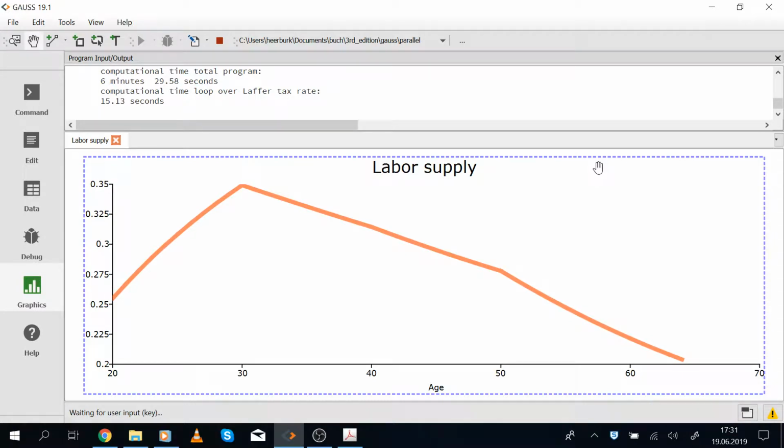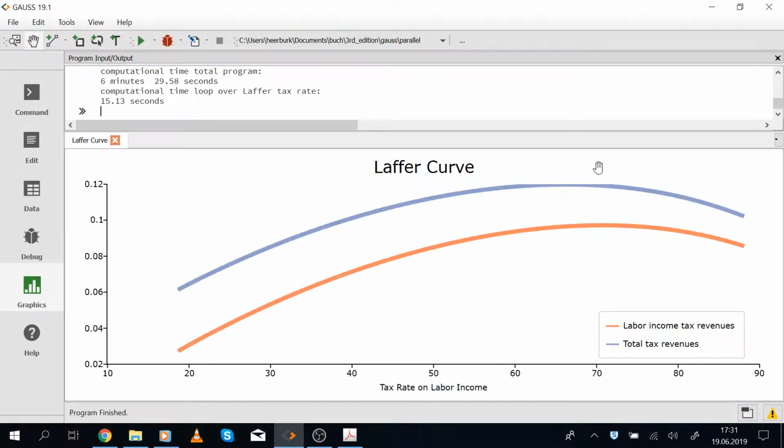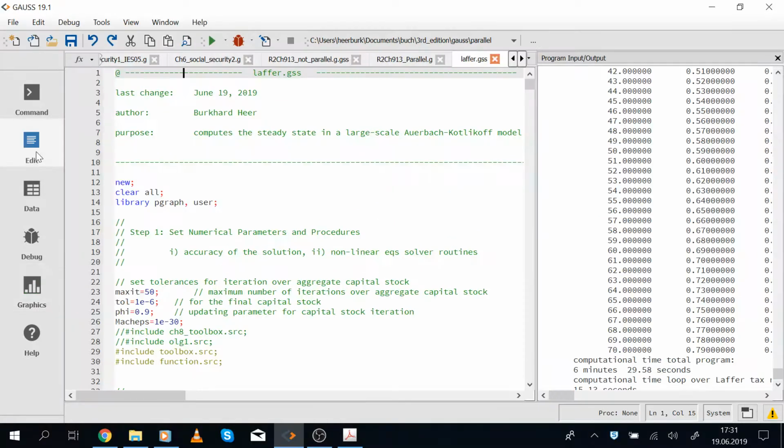You have to press another key on the keyboard, and this provides you with the Laffer curve as displayed in the slides. So this concludes the execution of the program, and now we look into the computer code in more detail. So switch back to the edit mode by just clicking the edit sign here on the left hand, and let's look into the computer code.